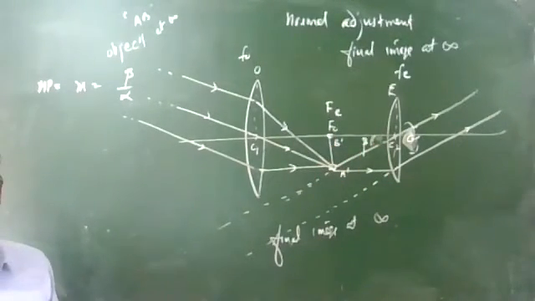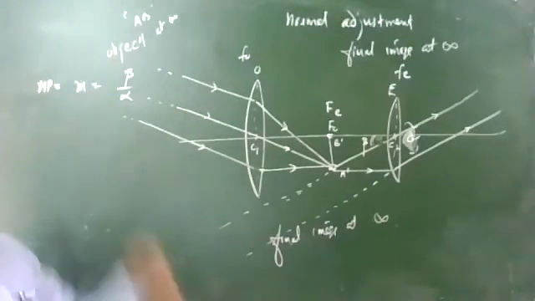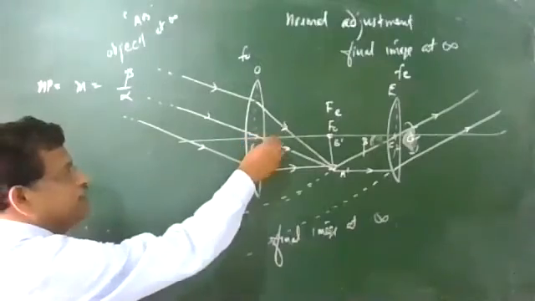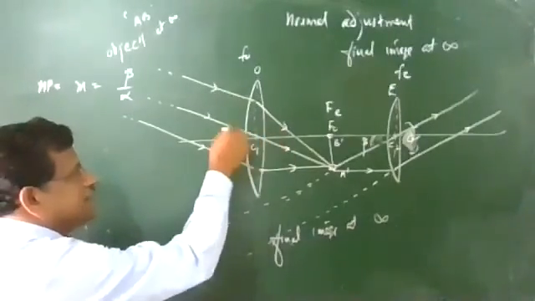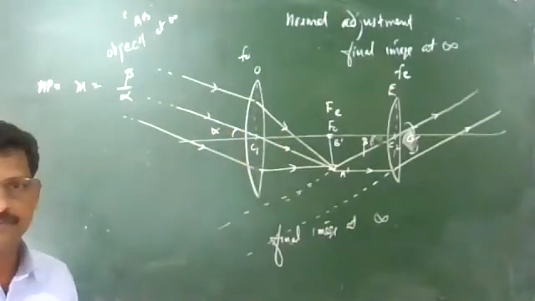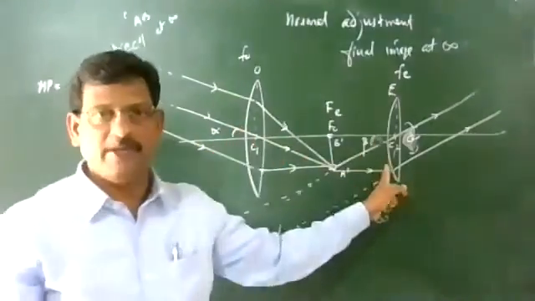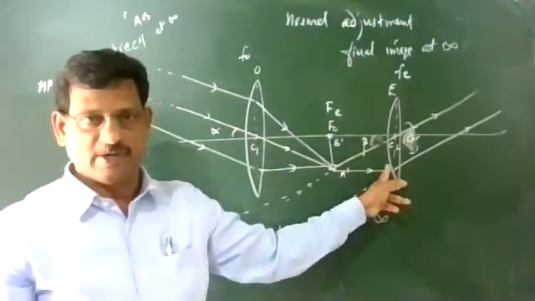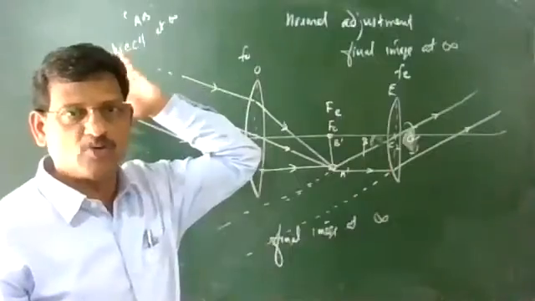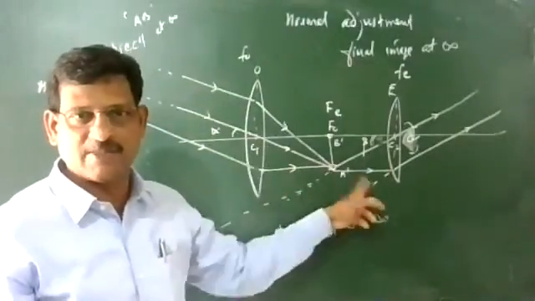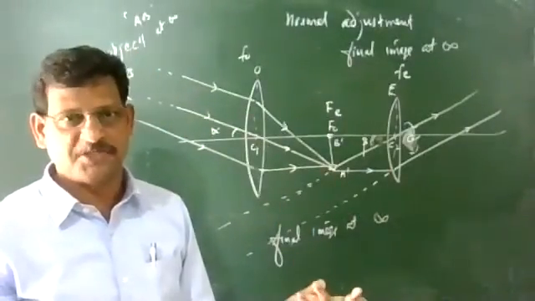Now what is the angle alpha? It is the angle subtended at the eye by the object, which is at infinity. But the angle subtended at the objective lens by the object is alpha, marked here. Whether we mark the angle at the objective lens or the eyepiece, there is not much difference, because the object is many thousand kilometers away and the separation of these two lenses may be about 50 centimeters.